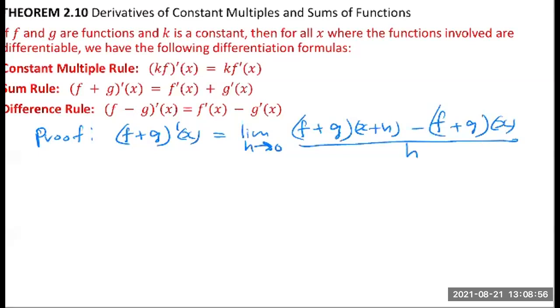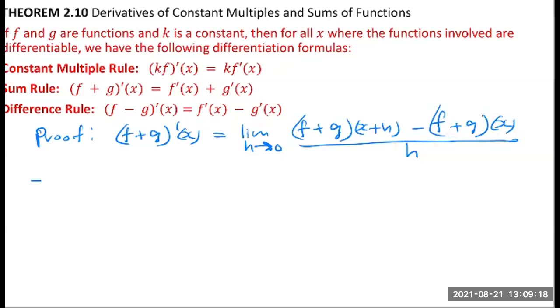That's the definition. This is the definition of the derivative of f plus g. Now I'm going to do some arrangements here.